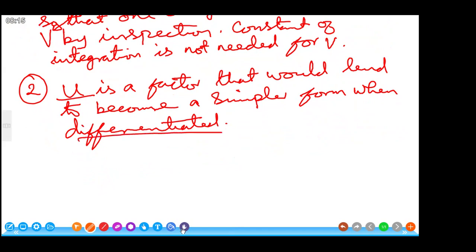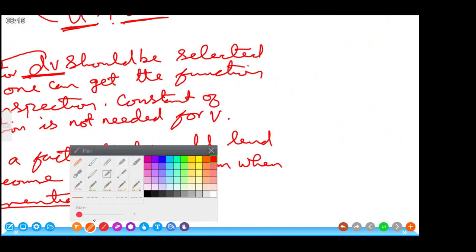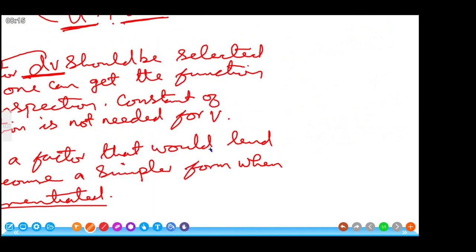So what we try to say is, one by one: in the first rule, we want to identify dv first, then convert this into v. So this is called the integration process. In the second step, we want to identify u and find the derivative of u.